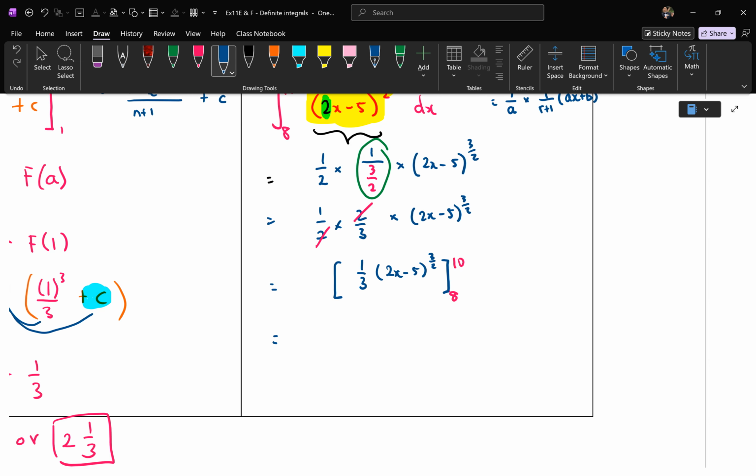You should then have (2 times 10 minus 5) all to the power of 3/2 all over 3. Take away (2 times 8 minus 5) to the power of 3/2 all over 3.